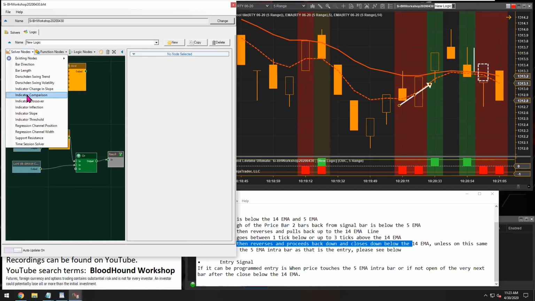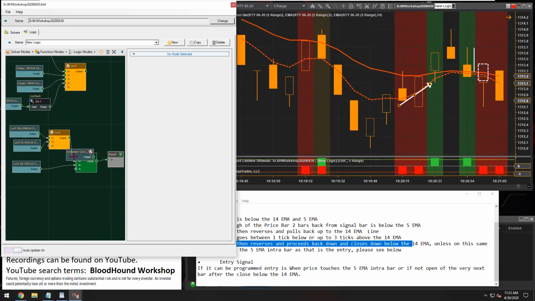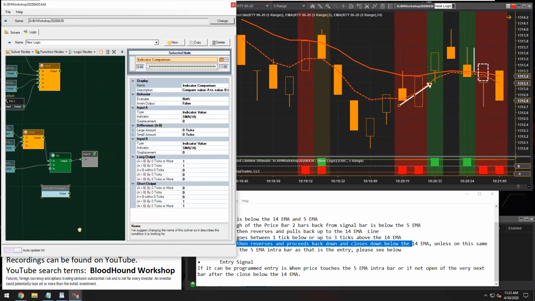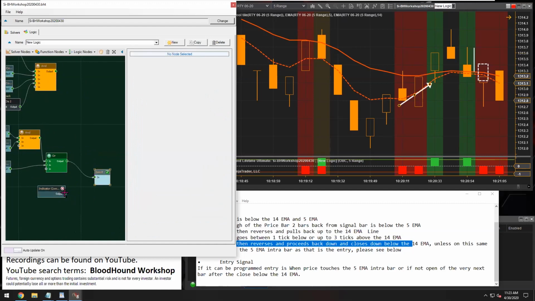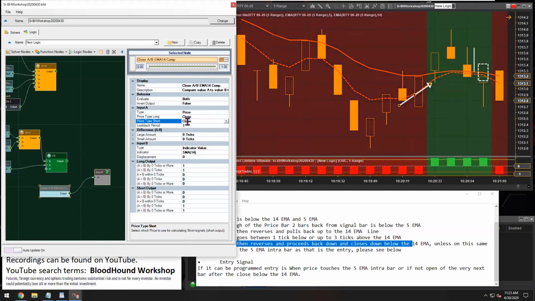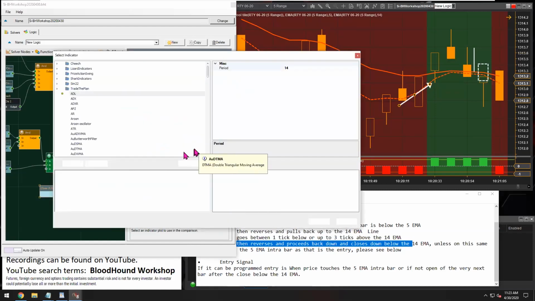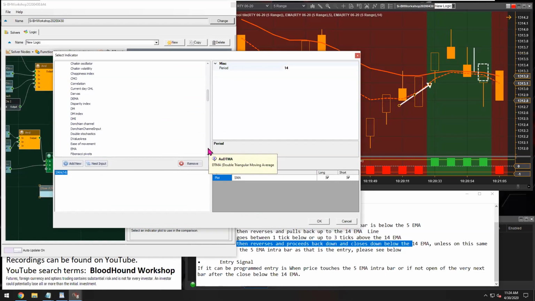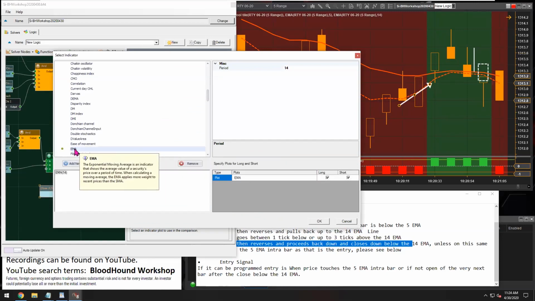So let me just grab a new comparison solver, put that over here, and connect that up. Again, we're checking whether the closing price is above or below our EMA14. Input A will be price, using the closing price of the bar this time, and input B will be our EMA. Let's plug that in real quick.